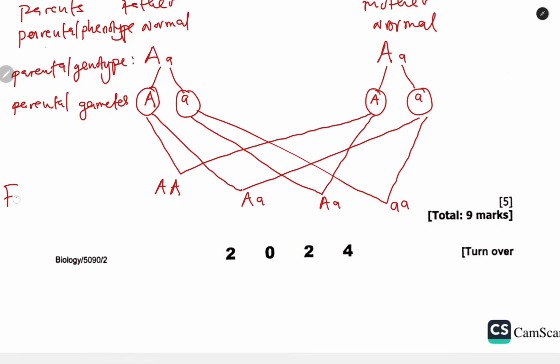So we have first generation genotype, so F1 offspring genotype. So these are the genotypes. So F1 offspring phenotype.